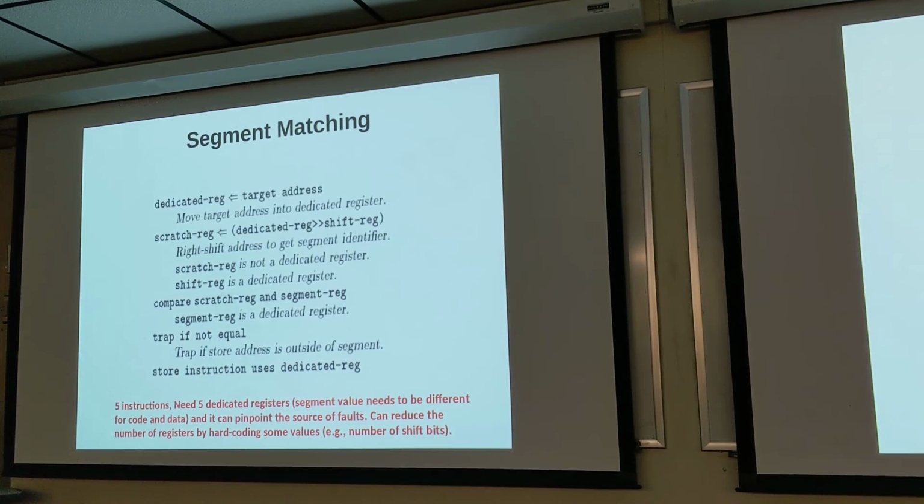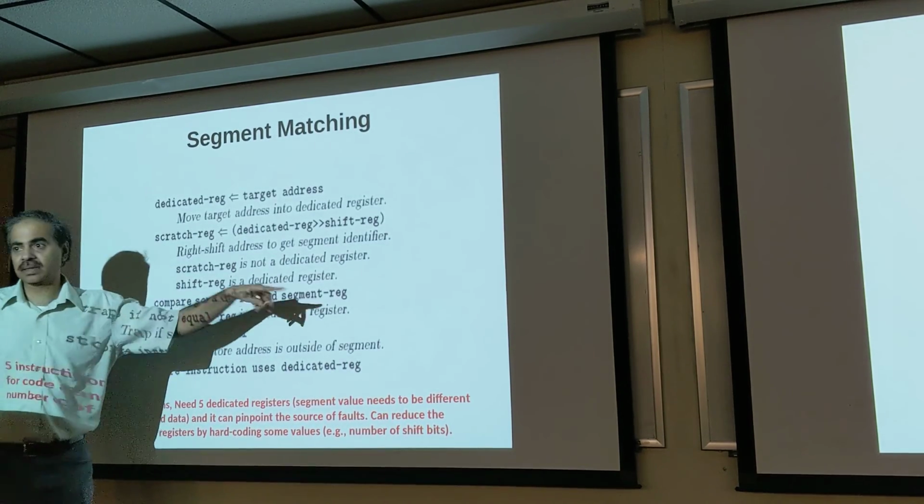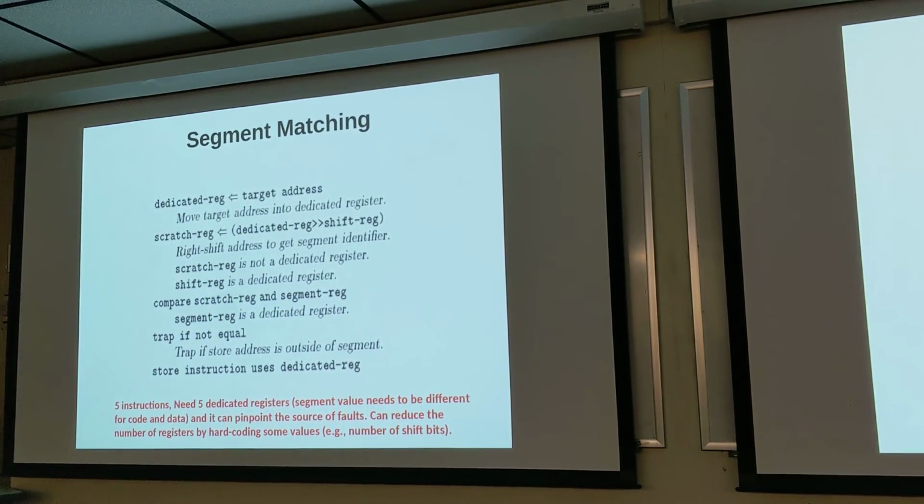And for the same reason, the segment register that stores the leading bits also has to be dedicated, because once again, if the attacker has control, then they can jump from some piece of code where they set that segment register to something, and then they can jump over here and suddenly bypass some check.